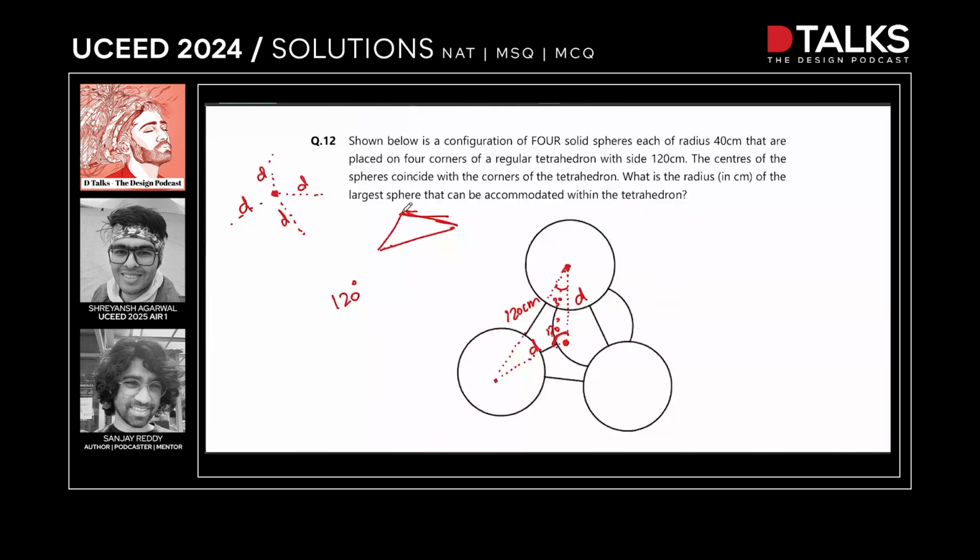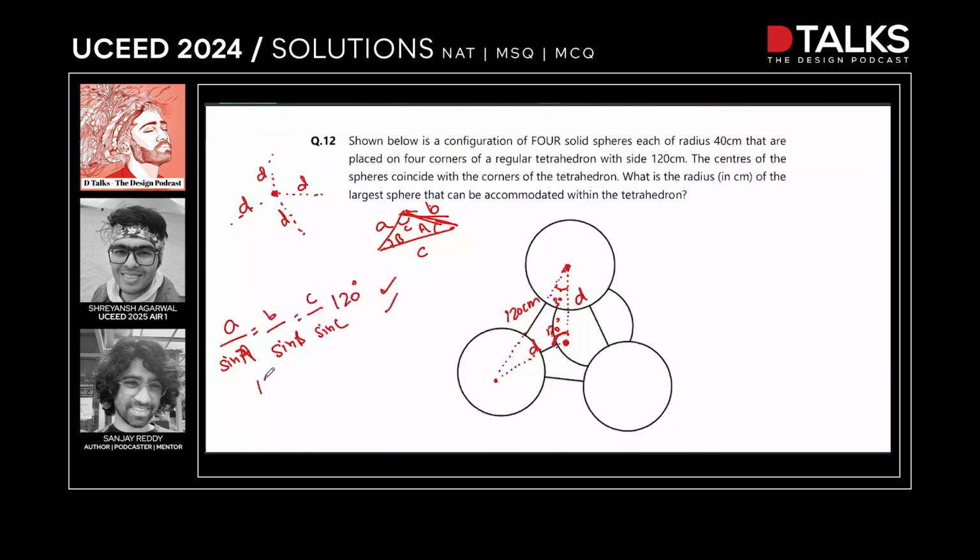In any triangle, if you have sides a, b, c and angles A, B, and C, it says a upon sine A is equal to b upon sine B is equal to c upon sine C. I'm going to use this. How this is derived, I am not going into that. This is a very important result in mathematics, and it's good if you remember this. So I'm going to apply this in this triangle.